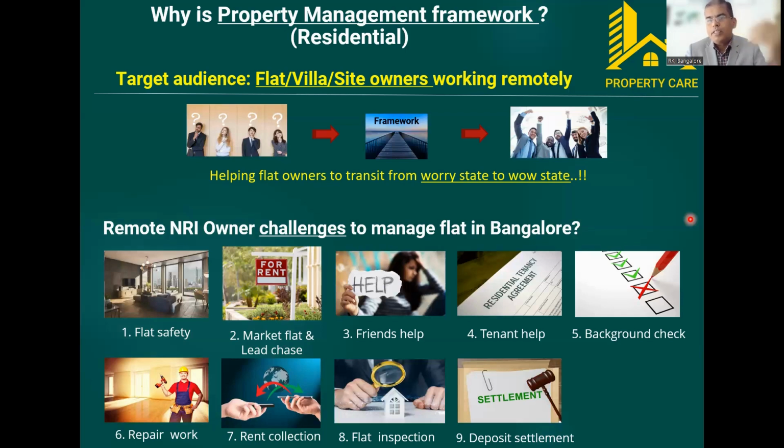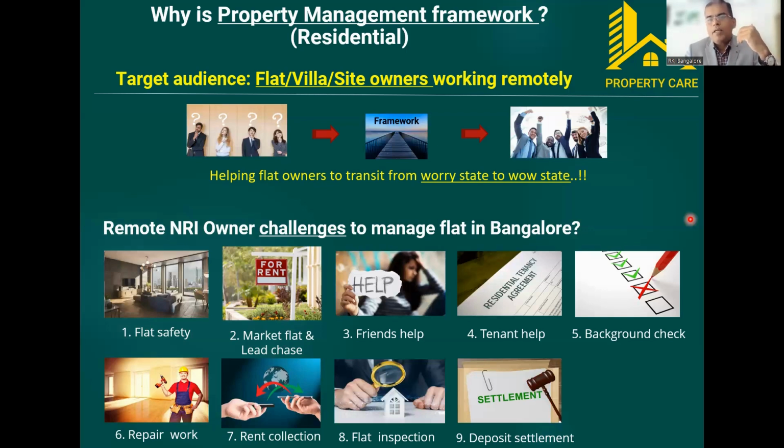Suppose the owner takes the deposit, I will share the final settlement after the tenant's approval and pass it on to the owner, and the owner will transfer the deposit to the tenant. So we are like a facilitator doing end-to-end service for the owners. So owners have no need to worry or talk to the tenant about issues. We will be the intermediary who will be solving those issues.